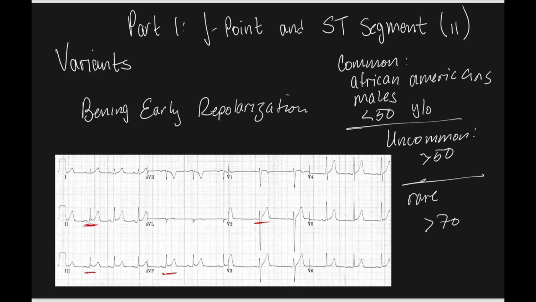Another finding we typically find with benign early repol is the J wave. So if we look back at this 12 lead, in the inferior leads, we see the J wave.